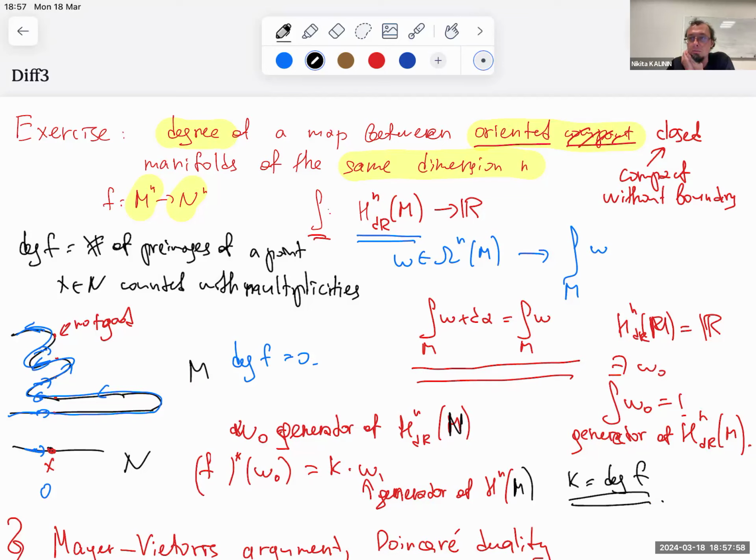Now the exercise is to show that it's all correct. What I mean by correct is that this definition coincides with the definition of the number of preimages. So the exercise is to show that k is equal to the number of preimages.